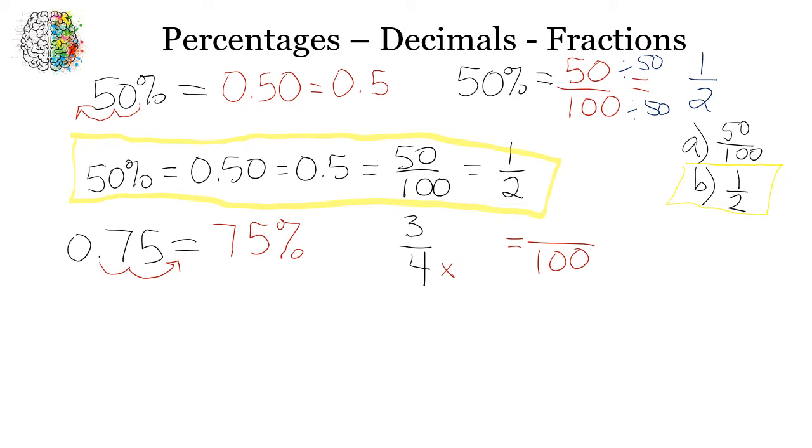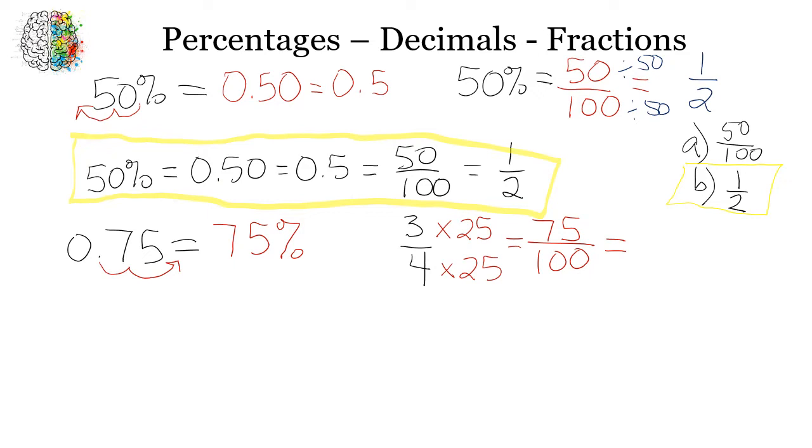So we know that 4 times 25 is going to equal 100. So that means I need to multiply my numerator also by 25. And that's going to give me 75. And now I have my 75 over 100. So my 3/4 was the simplified form of 75 over 100.